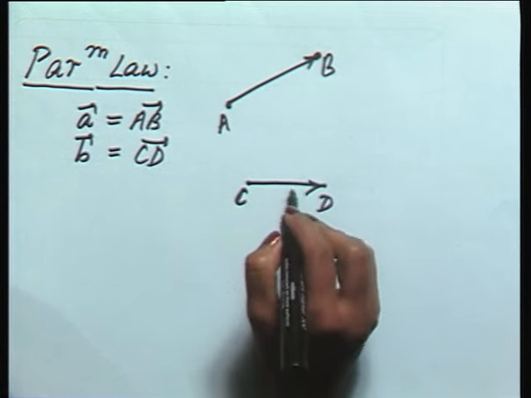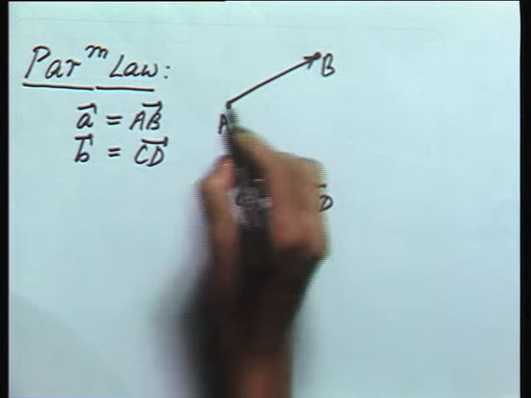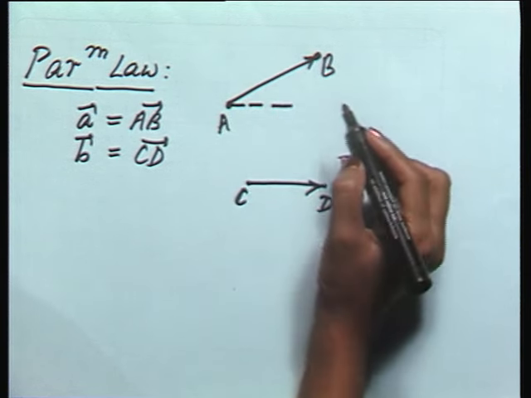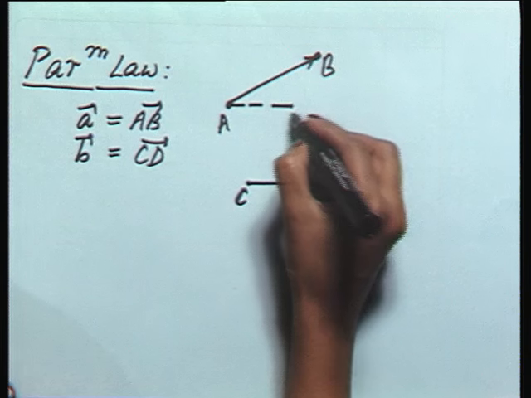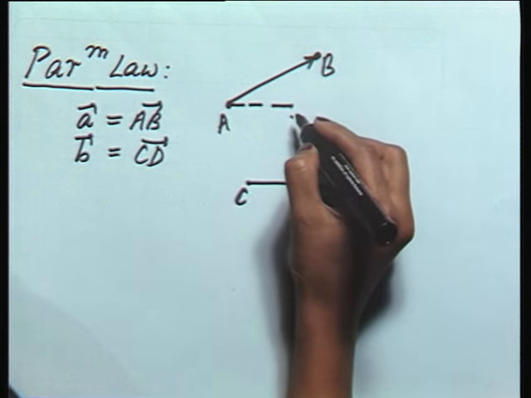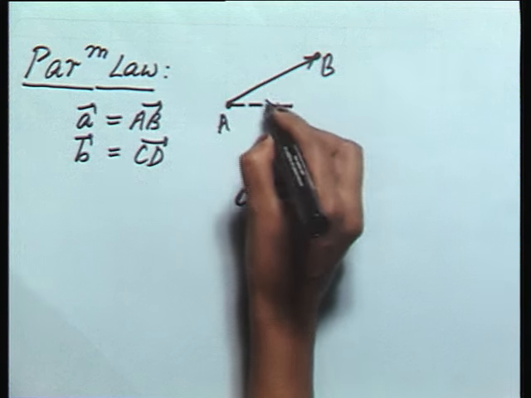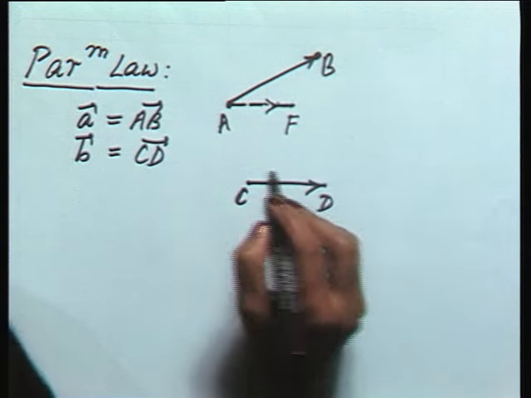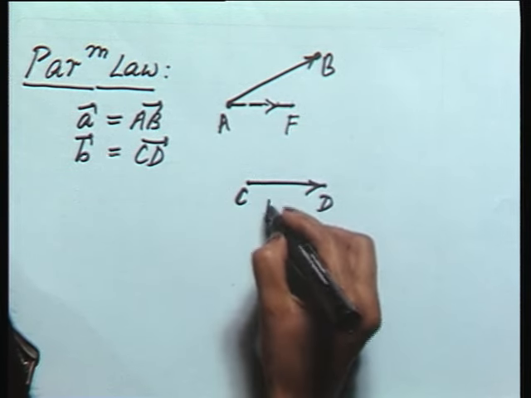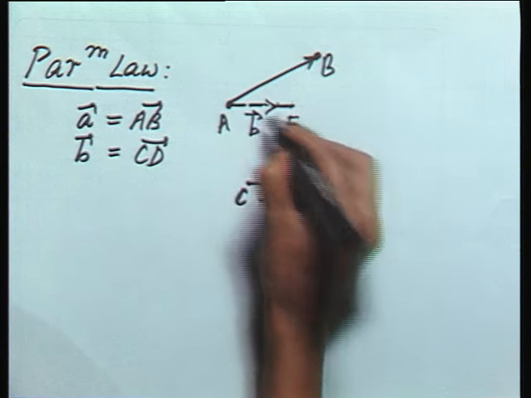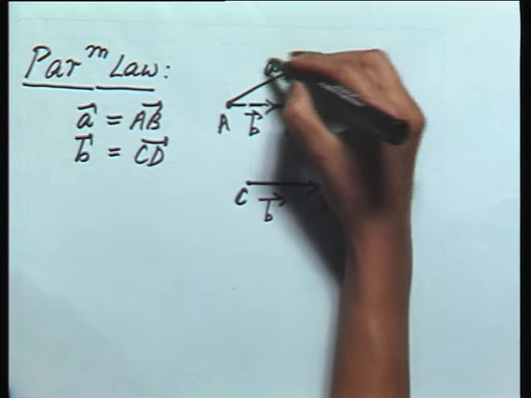Now, here we are going to draw through A a line parallel and equal to CD, and let us call that line AE. Sorry, we already have E, so let us call it AF. Once again, by the definition of equality of vectors, we find that the vector AF is equal to the vector CD. In other words, the vector AF is also equal to the vector B.